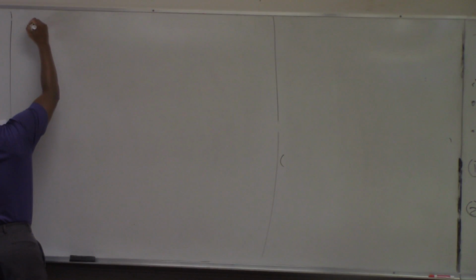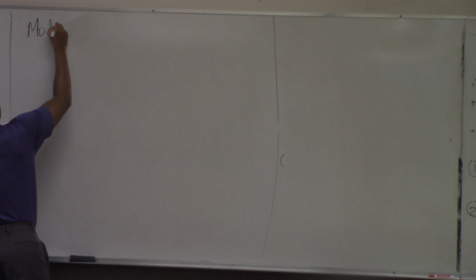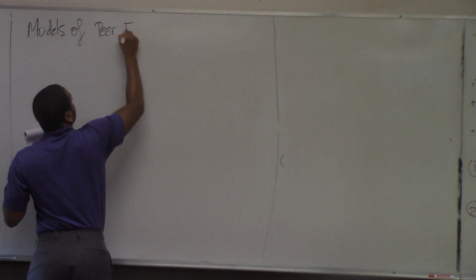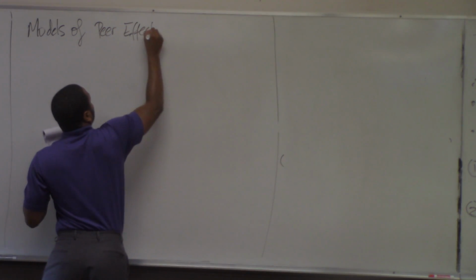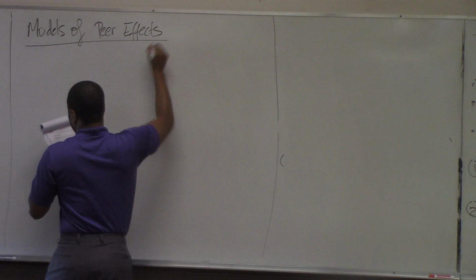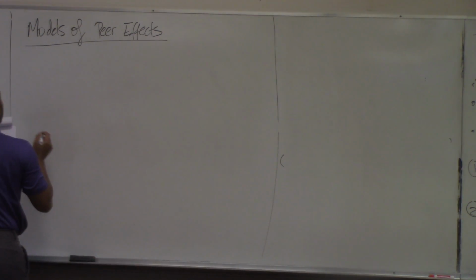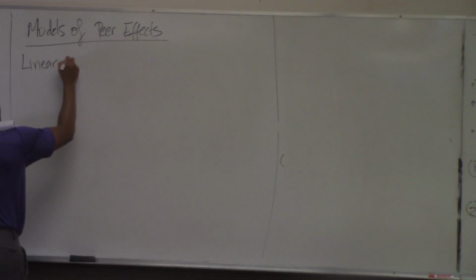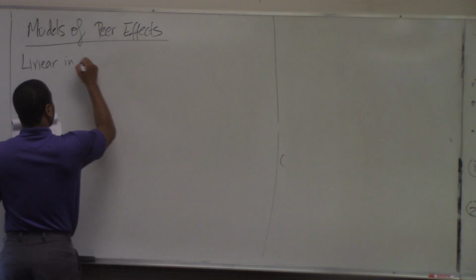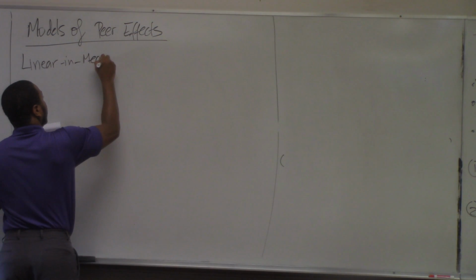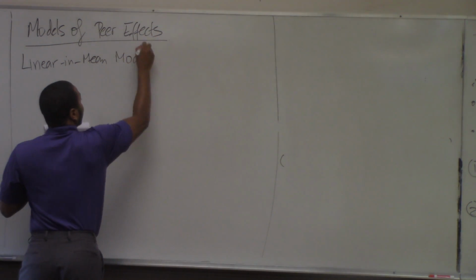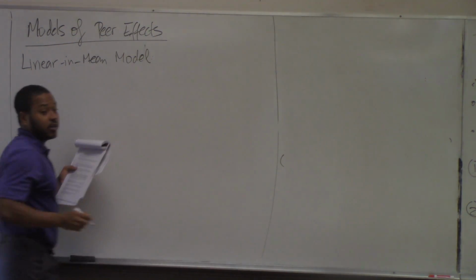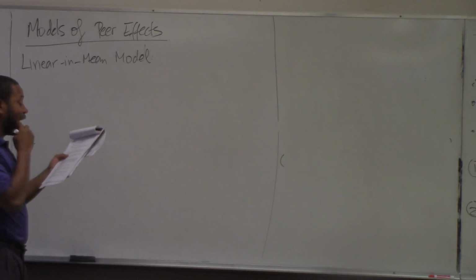So our models of P of X. Our first model is going to be linear in these models. What this is going to say is your actions are going to depend on the average actions of your peers, right? So everybody's trying to hit the average.